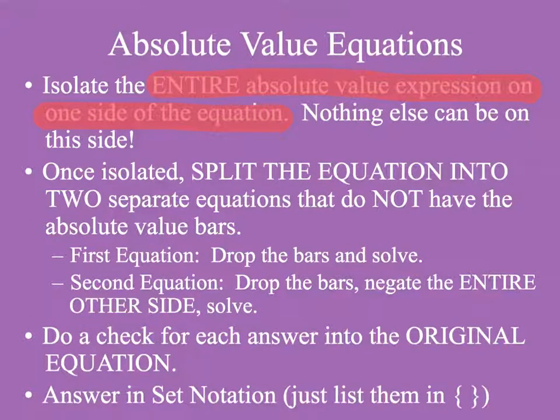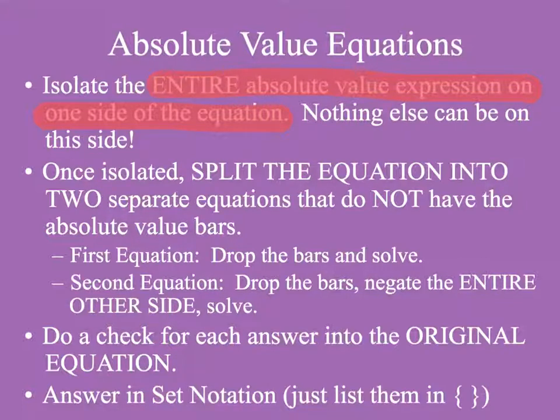Nothing else can be on the same side of the equation as the absolute value. So everything within the absolute value bars stays on one side, everything else moves to the other.